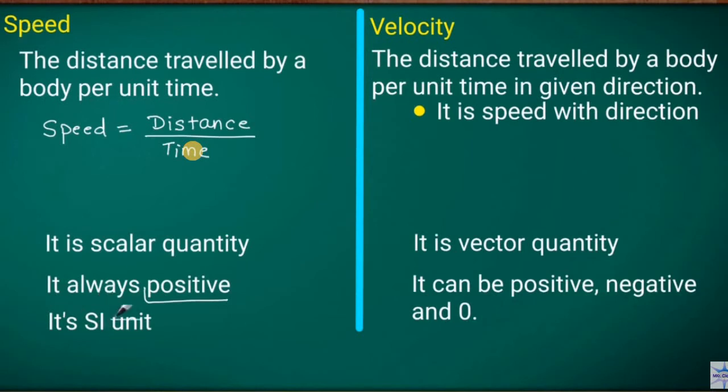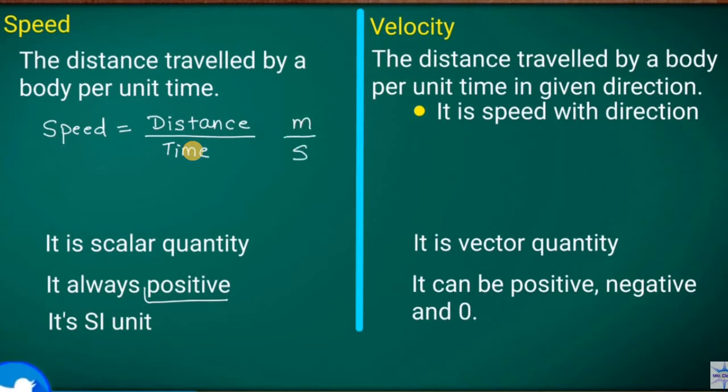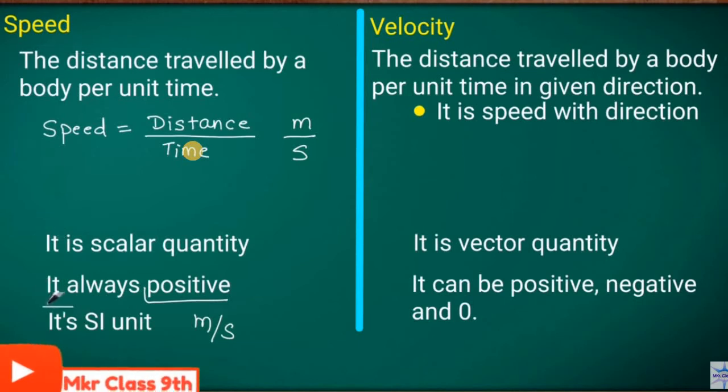The distance is a scalar quantity, so the speed is also a scalar quantity, and as we see, distance is always positive, so the speed is also always positive, and its SI unit is meter per second, as per the formula distance per time.